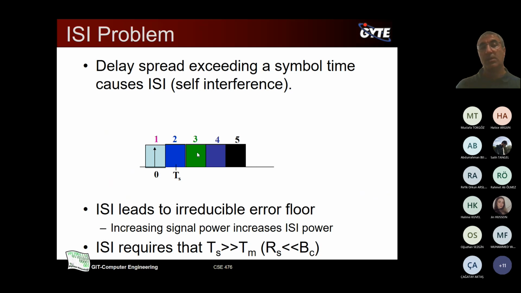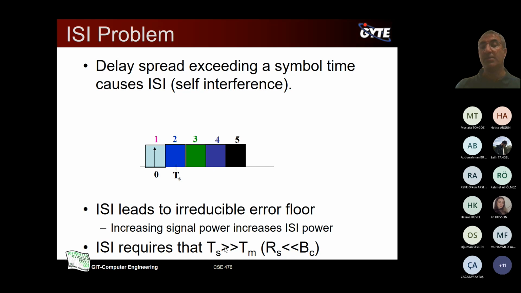This is called intersymbol interference. So it should stop here, but channel effects can spread your signal, which is going to mix all these symbols and overlap them with each other. It's going to create a problem at the receiver side when you detect and demodulate this signal.